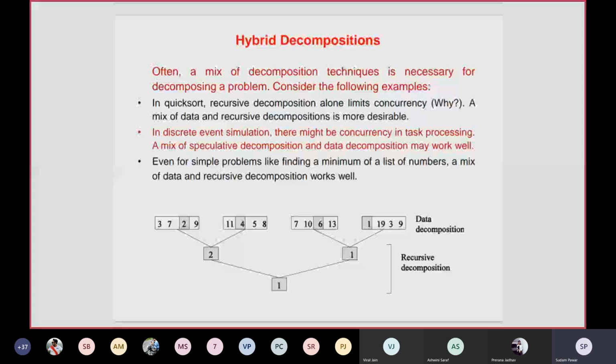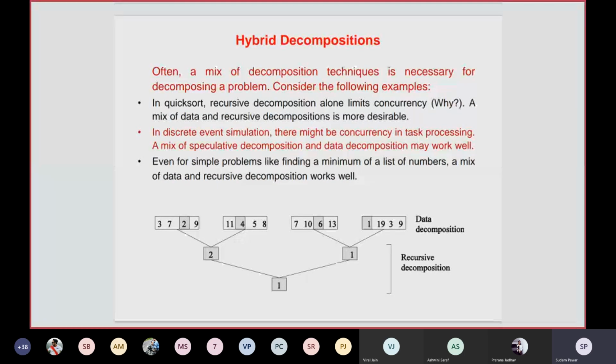Then another example, already seen with the recursive decomposition approach, is finding a minimum number from a given list of numbers. Here also you can use the hybrid approach.